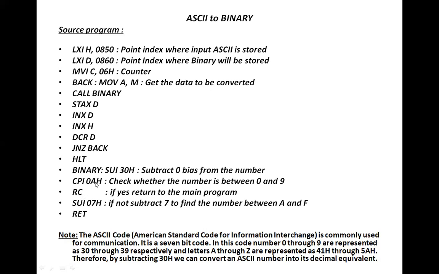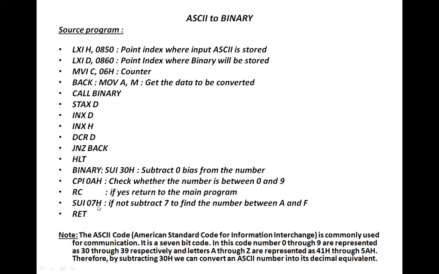But if it is more than 10, then carry will not be generated. So here we are using return on carry, a conditional return instruction, which shows whether the number is less than 9 or more than 9. If the number is less than 9, carry will be generated, so it will return. But if the number is more than 9, carry will not be generated, so it will not return.